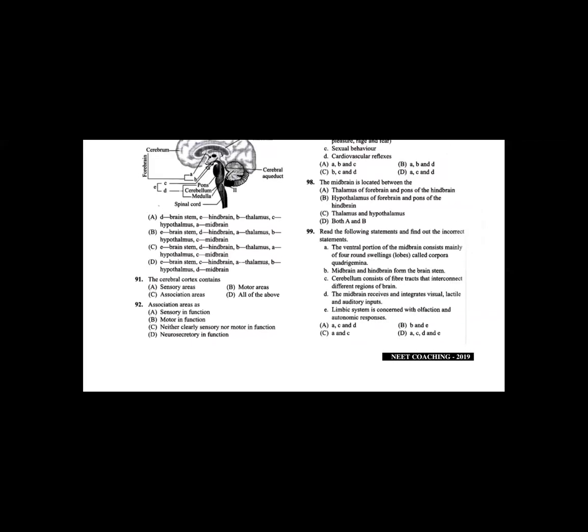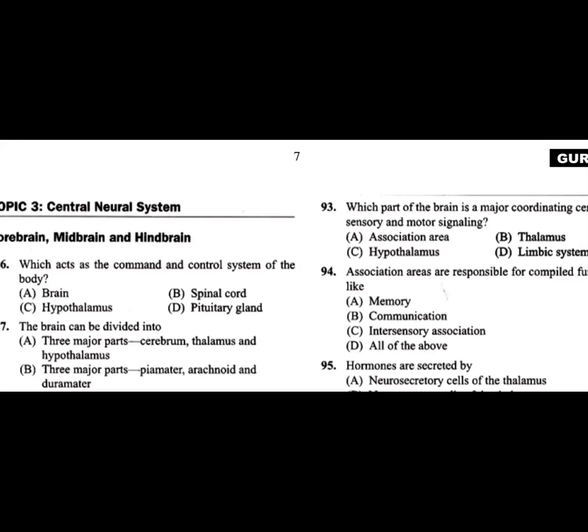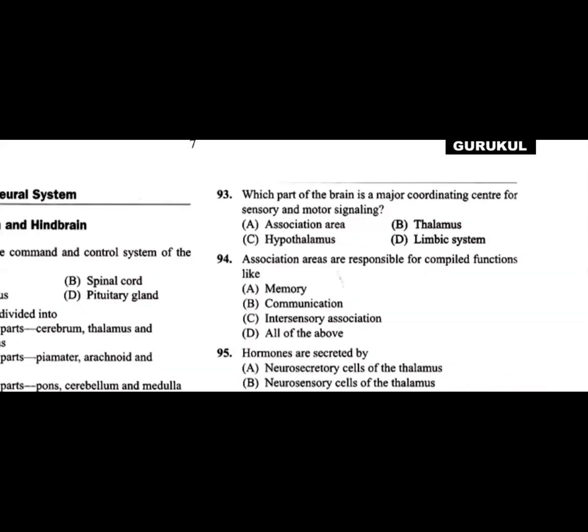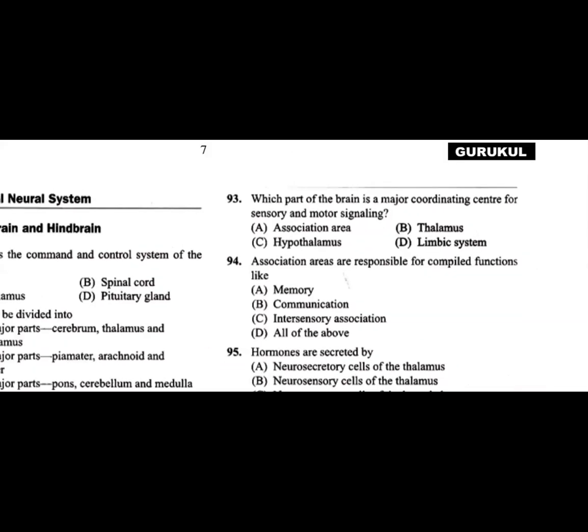Question number 93, which part of the brain is the major coordinating center for sensory and motor signals? This is what we call a relay center. It takes the sensory messages and coordinates them, that means it processes them and then transfers them to motor signaling.